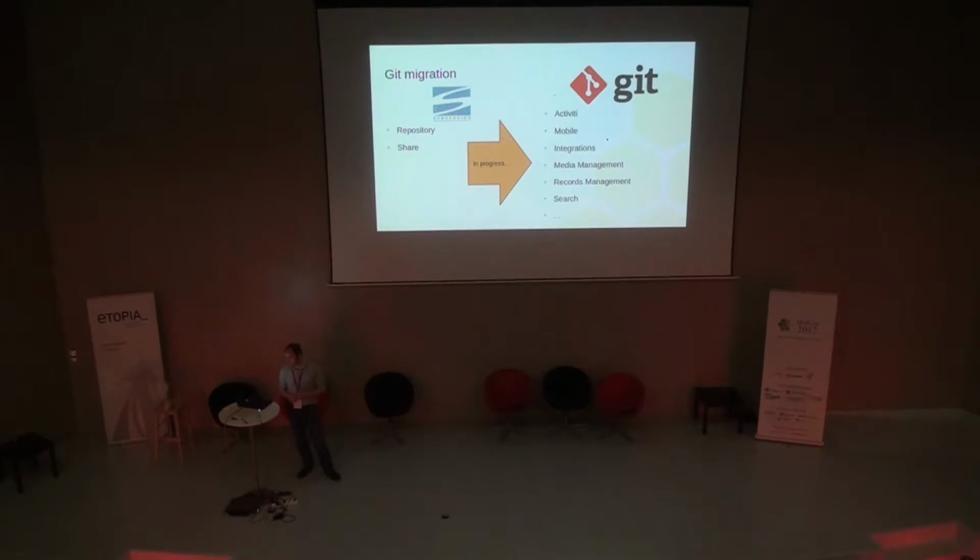Media management, records management was a big migration. First because it's a big-ish code base, it's 100 or 200,000 lines of code. But most of all because of the history, this team chose to migrate all their history from Subversion to Git.